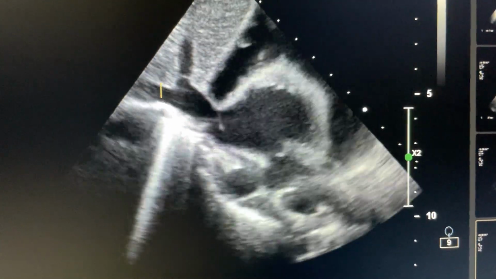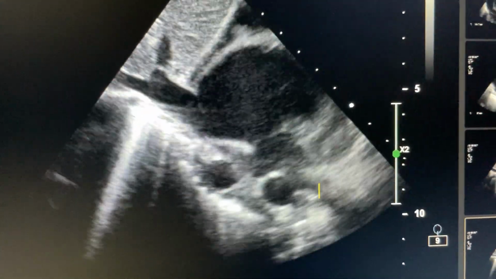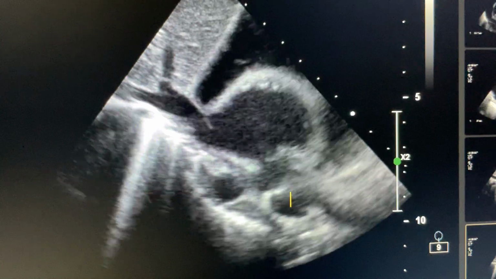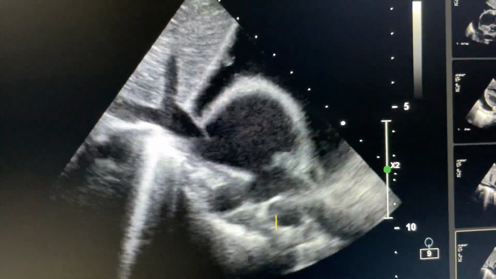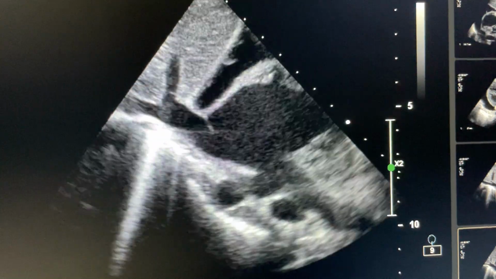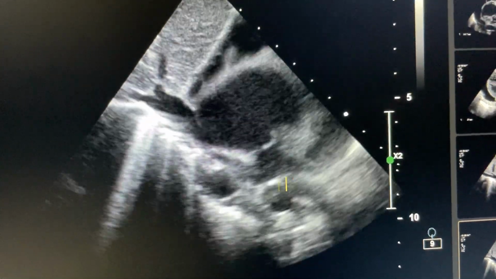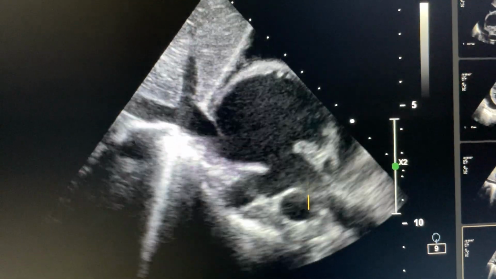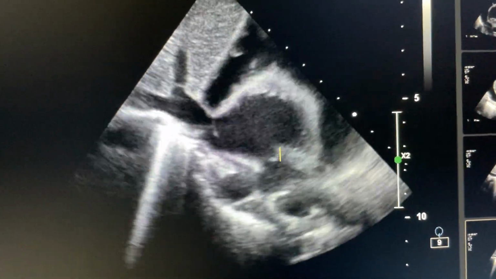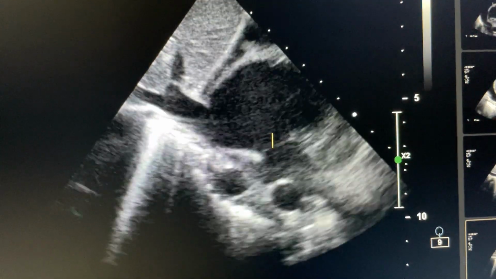This is IVC, this is SVC, this is the right pulmonary artery in transverse, cross sectional view. This is the left atrium, and both flow from the left atrium and SVC go together into the right atrium.